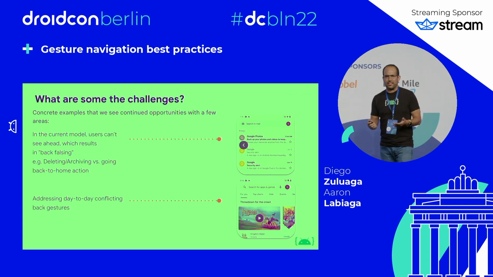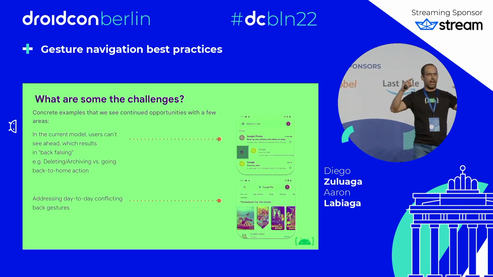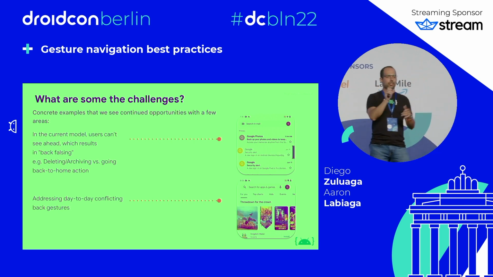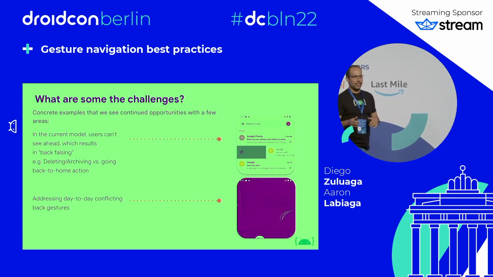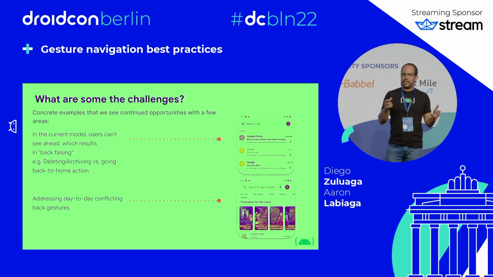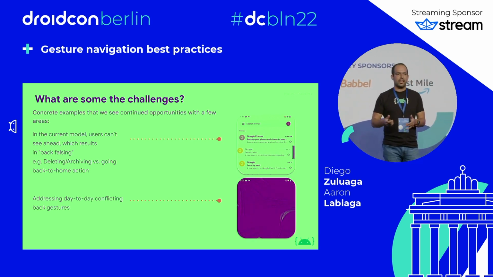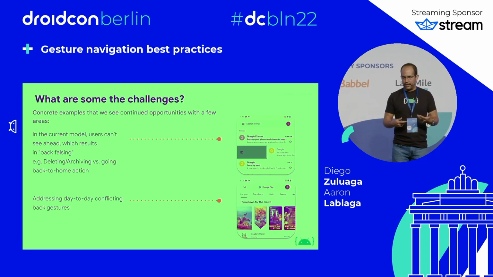The next thing is conflicting gestures. In some areas of the screen, the carousel being the typical example, when you navigate left and right, you run into issues where you land in a different activity or fragment, or you land in the launcher. We want to change that, so there is work happening right now.